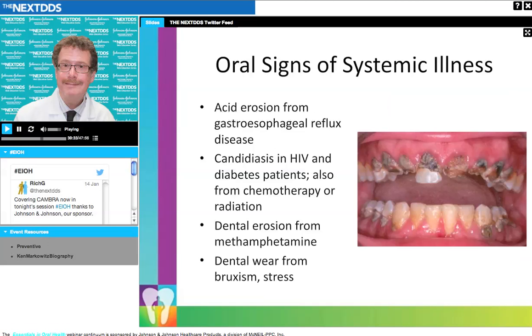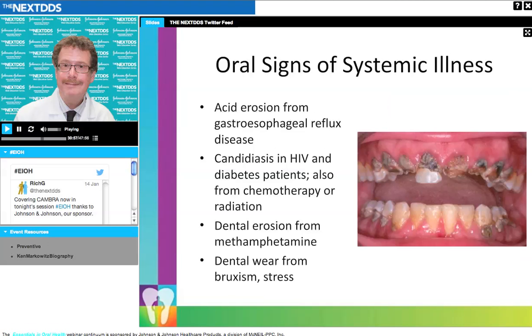It says on the slide here that dental erosion from amphetamines, well, I think it's more so the erosive effect of the amphetamine, the fact that people who are drug abusers have a poor diet and don't brush their teeth, possibly more than the direct effect of the drug. It's a combination of risk factors that could really be extremely damaging to a person's teeth.